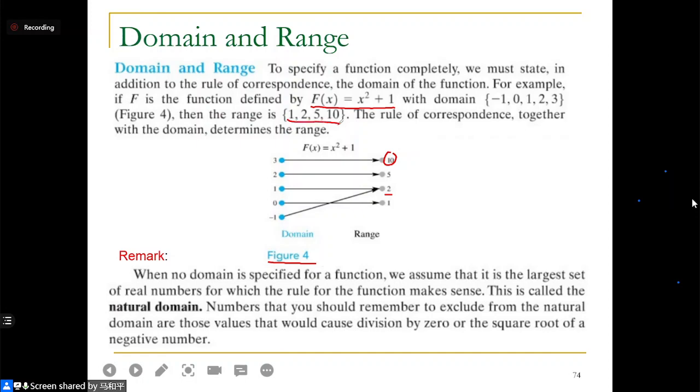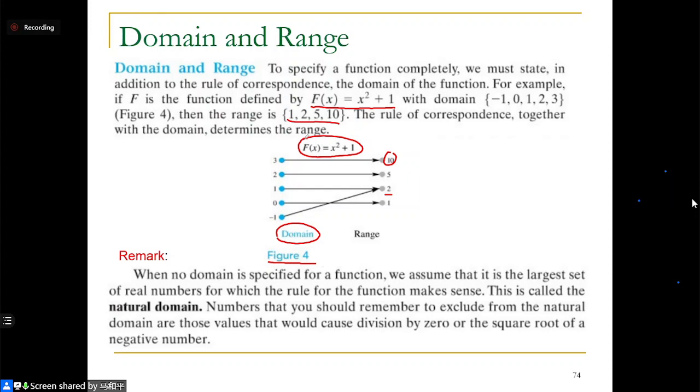This is the range. The law of correspondence together with the domain determines the range. This means the domain and the correspondence determine the range.